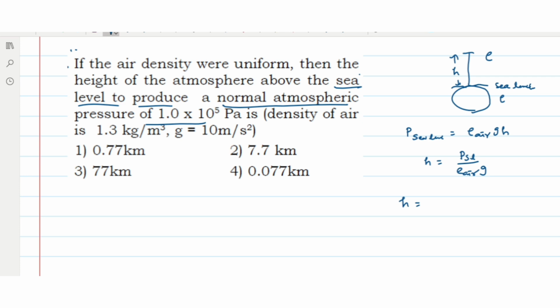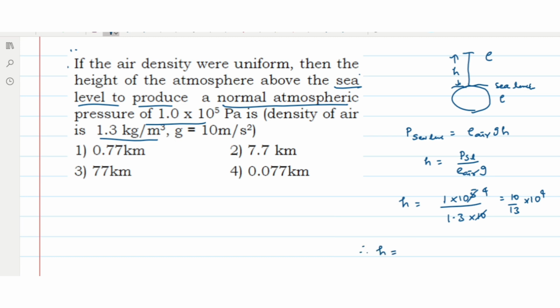Here it was already given as 1.0 into 10 power 5. The density of the air is given as uniform, with a value of 1.3 kg per meter cube. So it becomes 10 by 13 into 10 power 4 when we substitute.